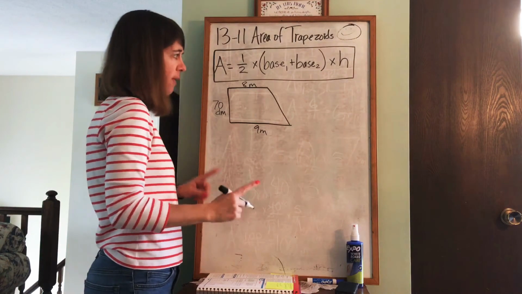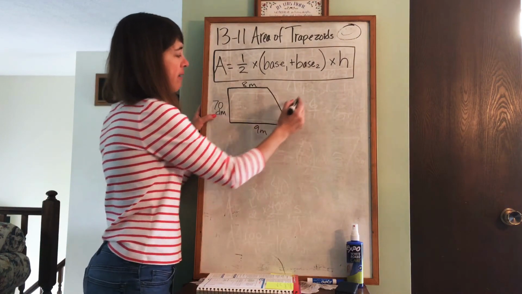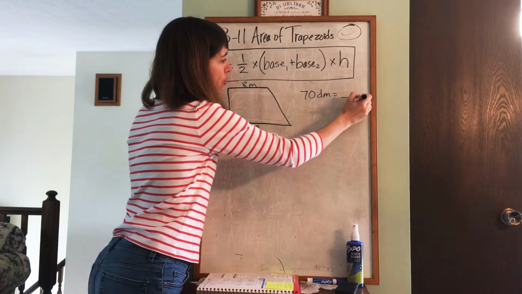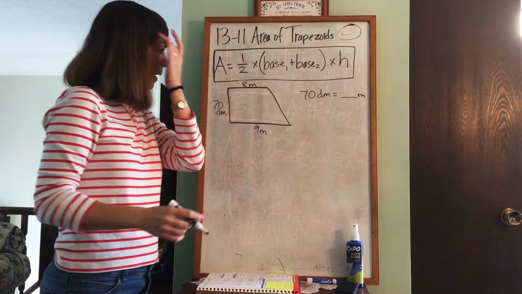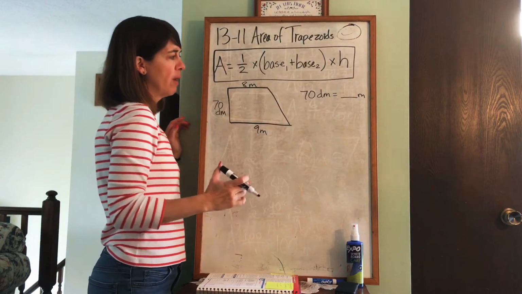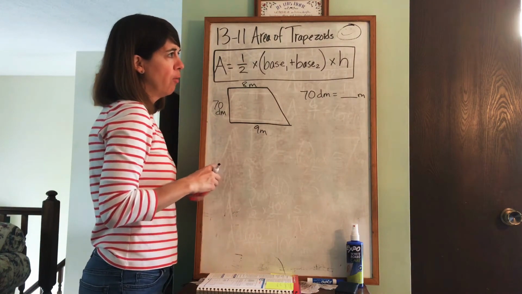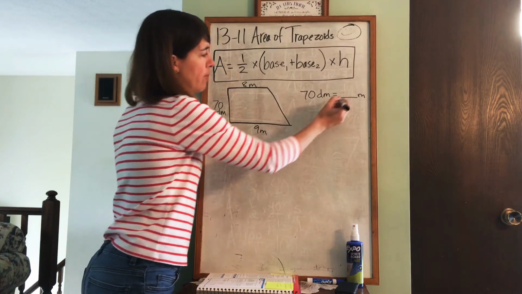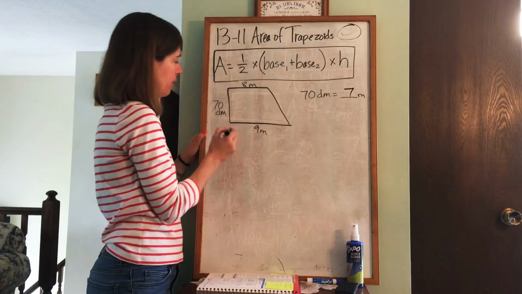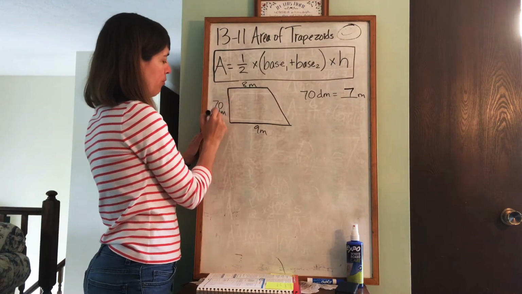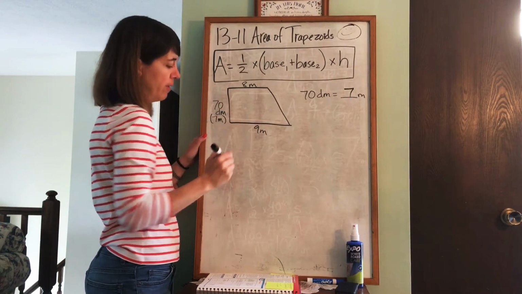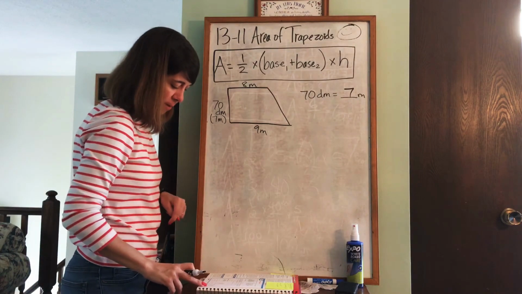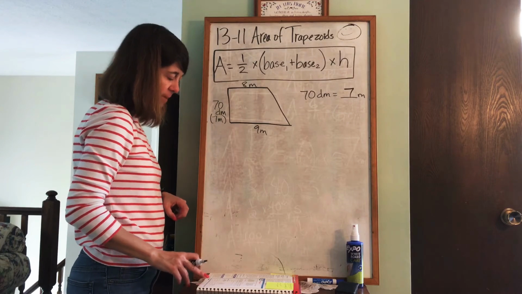I don't think you're going to have to do that in any of your problems, but you actually need to convert 70 decimeters to meters. And so if we think about our conversion, we would have 10 decimeters to a meter. So that's going to give us 7 meters here. So you could put over here in parentheses to help yourself, 7 meters. Okay. And so they do give you that hint down at the bottom of page 468 as well.